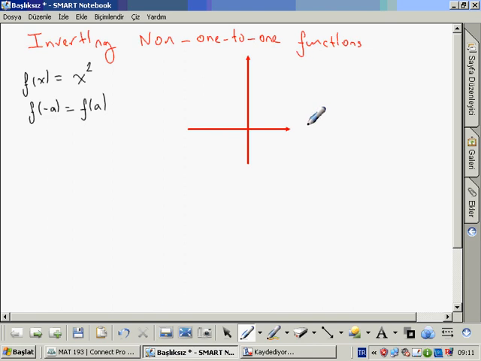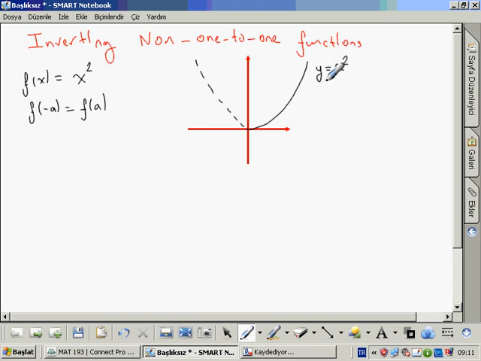And you know that these functions normally have a graph that must be a whole curve, okay, but that's y equals x squared.